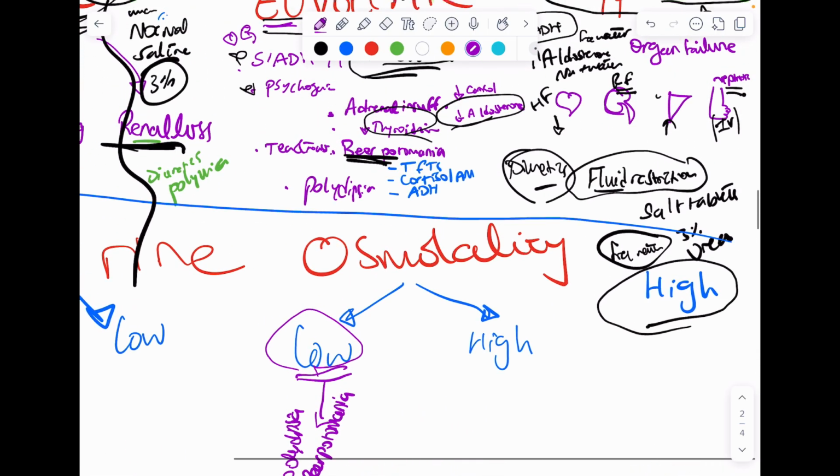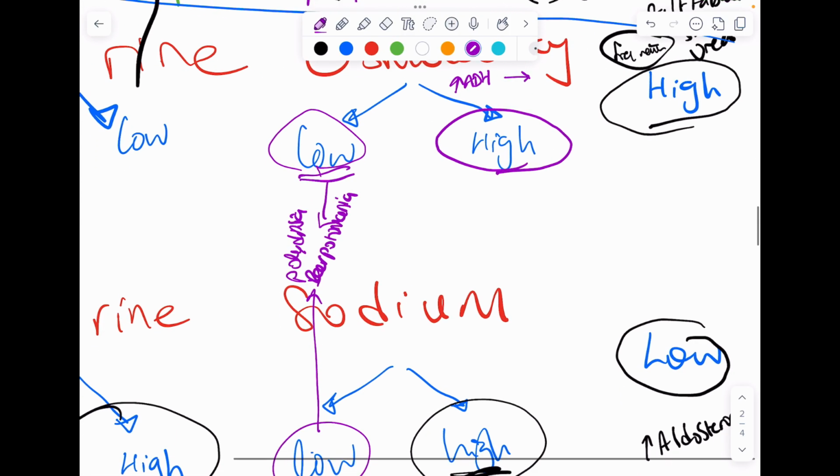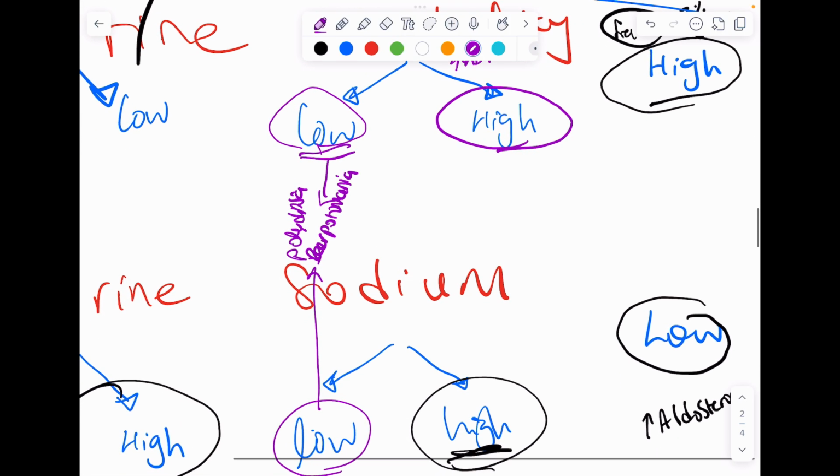But if this patient is having a lot of ADH, SIADH, for example, that means they're retaining so much free water in their blood, so their urine is super concentrated. They're gonna have high osmolality, and at the same time, nothing is acting to retain the sodium.